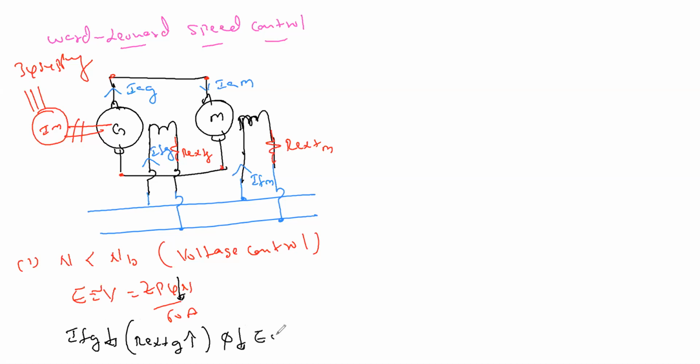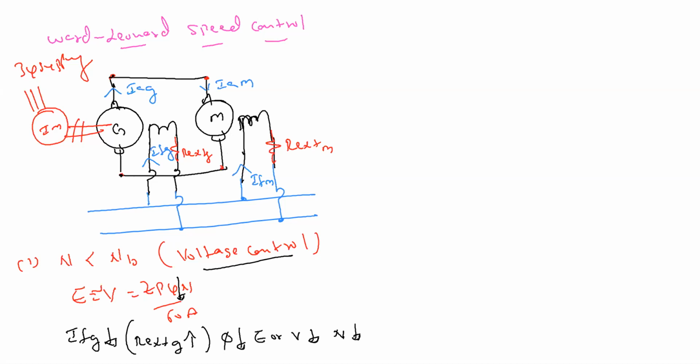So then E or V decreased, so the speed decreased here now. So by decreasing the supply voltage, that's what the voltage control method, then motor का speed can be reduced here. When V of a generator can be decreased, motor speed can be decreased.